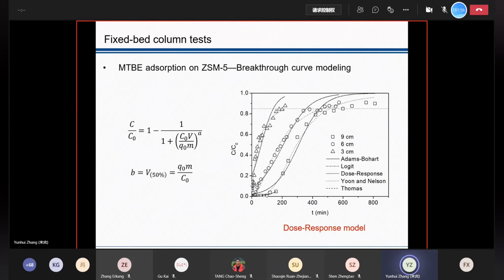Firstly, we investigated the sole MTBE adsorption on ZSM5 in the column, and breakthrough curve modeling was used to describe the concentration profile, and we found that the dose-response model is the most suitable model.